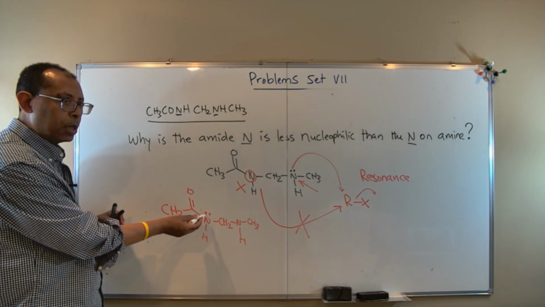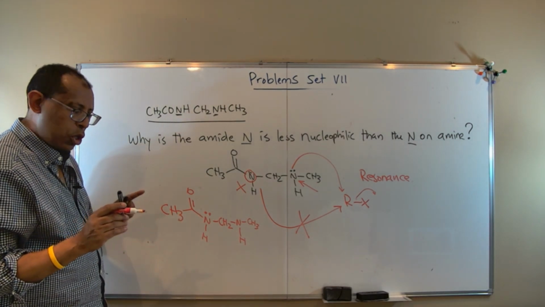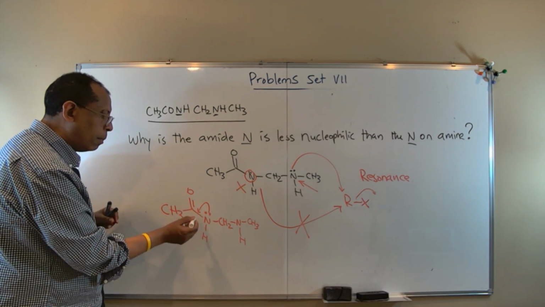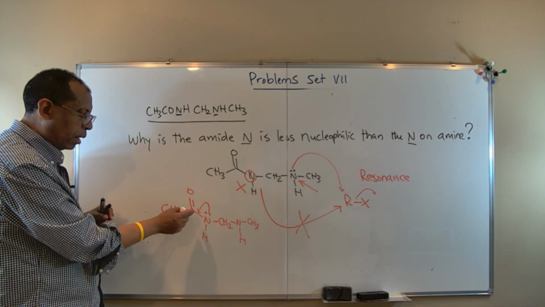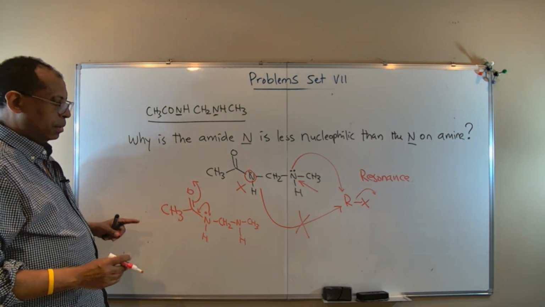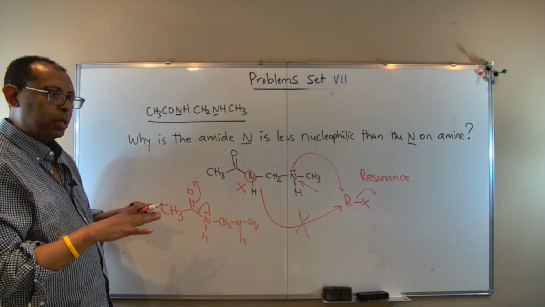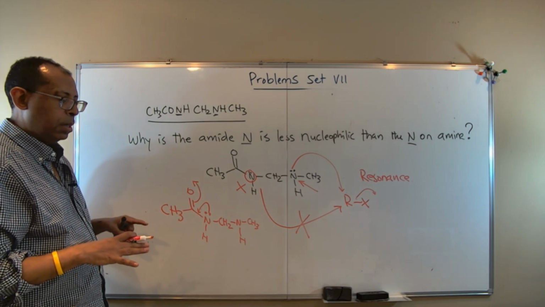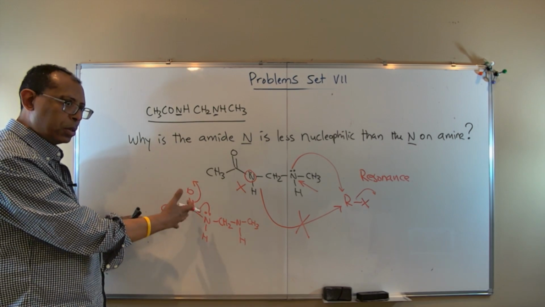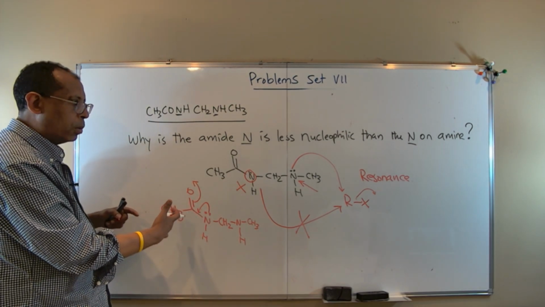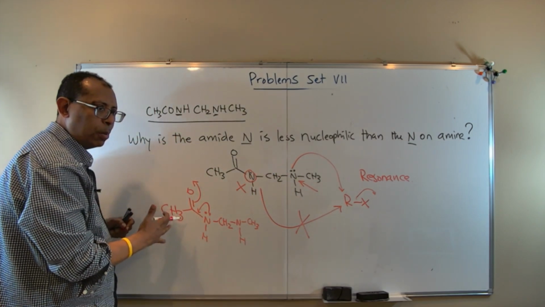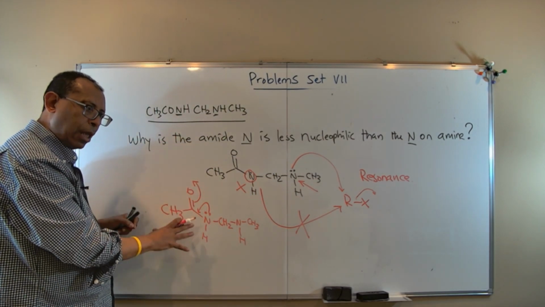This lone pair of electrons has a potential to resonance stabilize itself by being pushed into this bond, and this one now becomes out. Because resonance always stabilizes, and it makes an opportunity for the electrons to move within the molecule, it cannot do the attack, and it's less available because it's resonance stabilized.